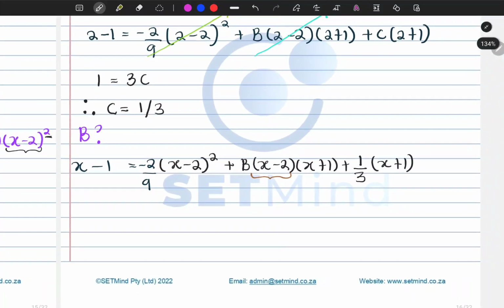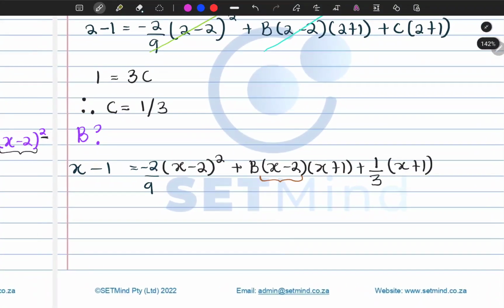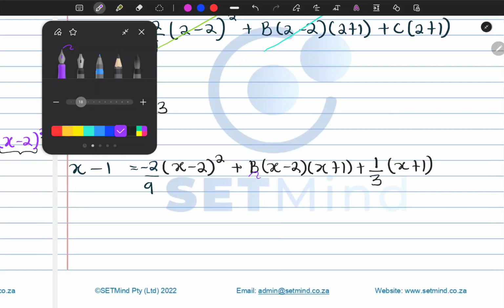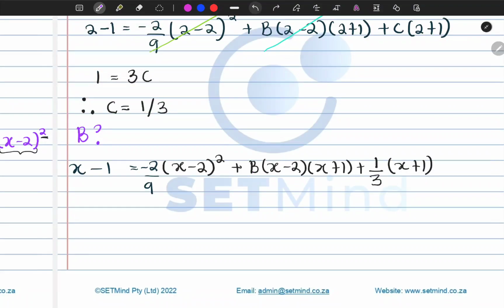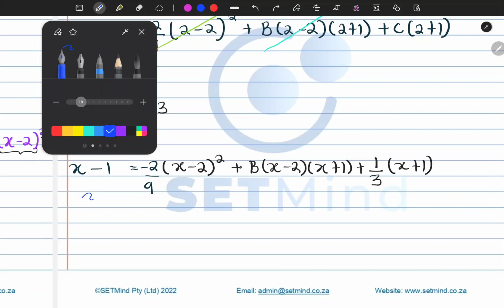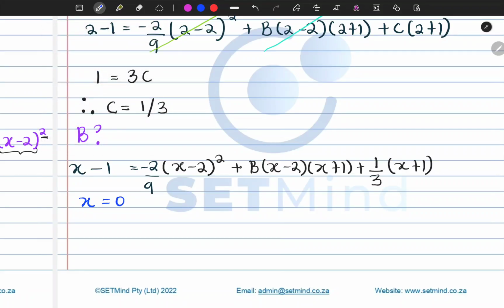Like that. So for me to find the b, I just need to set x to be any number as long as it will not cancel out the bracket that has the b. So I can just choose even a very easy value, choose x is 0 as an example.